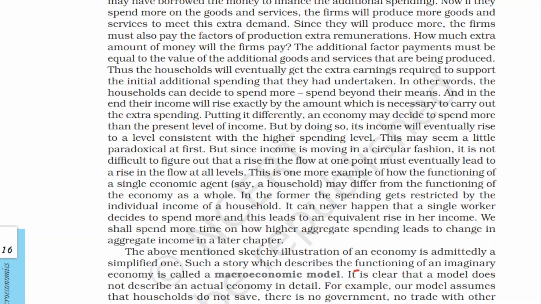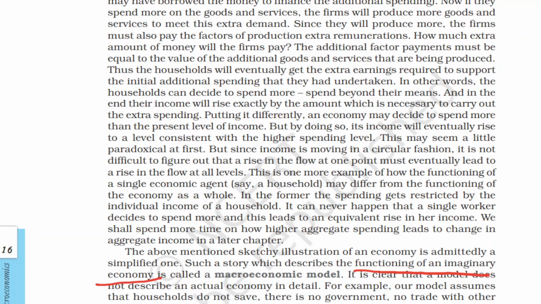This is a function of an imaginary economy, because we know that it is never possible that a household does not save even a single penny of its income, and a firm spends completely whatever income they are getting. They also save, they take out their profit, they give it to their investors, they take some of their money out of it.